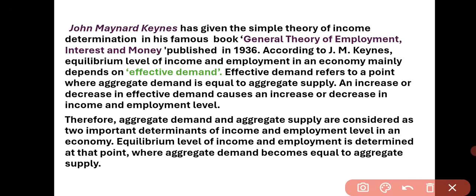Therefore, aggregate demand and aggregate supply are considered two important determinants of income and employment level in an economy. The equilibrium level of income and employment is determined at that point where aggregate demand becomes equal to aggregate supply. Remember this.